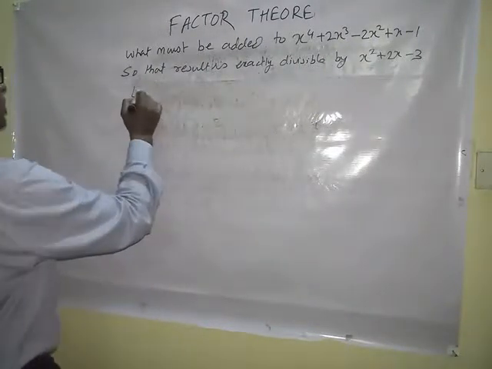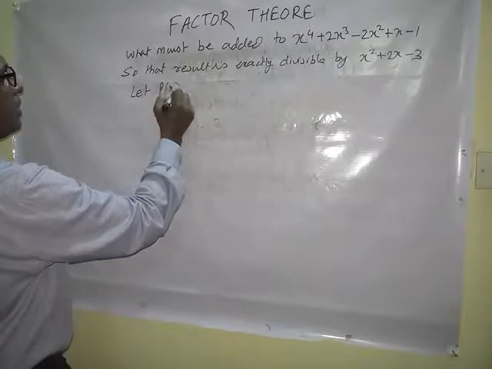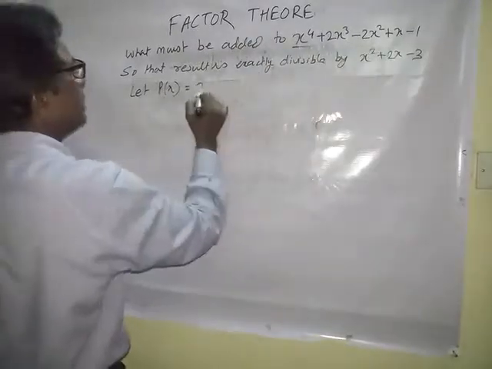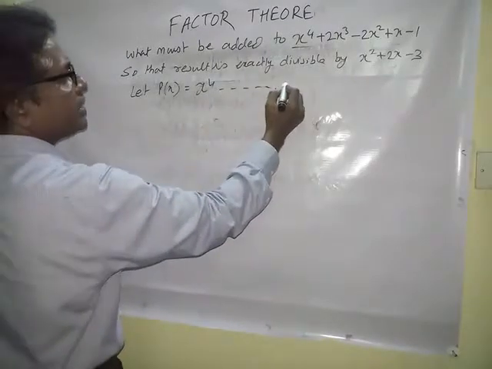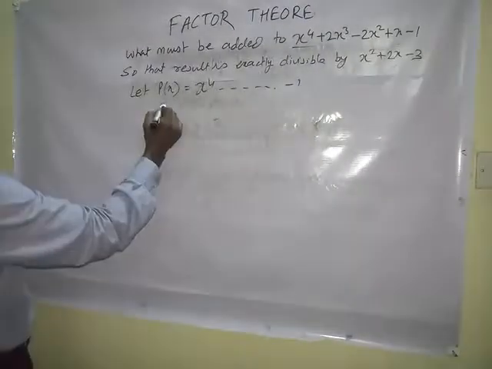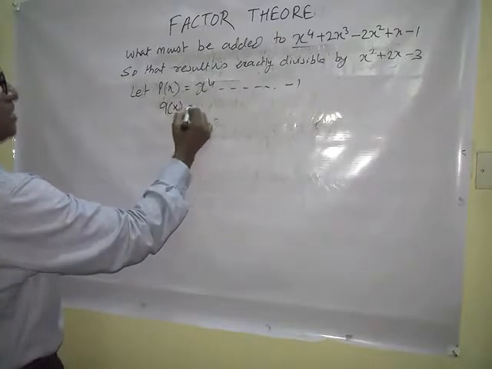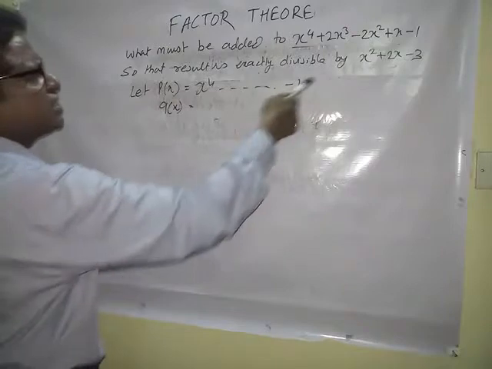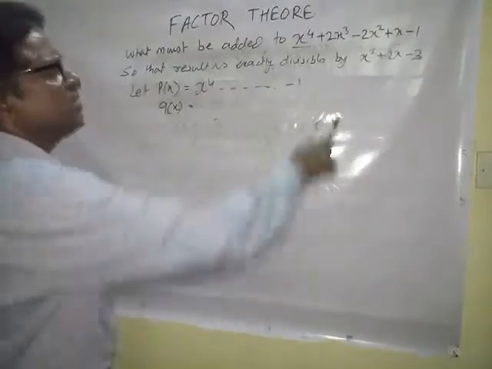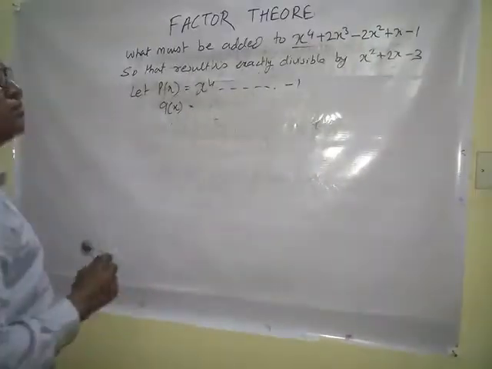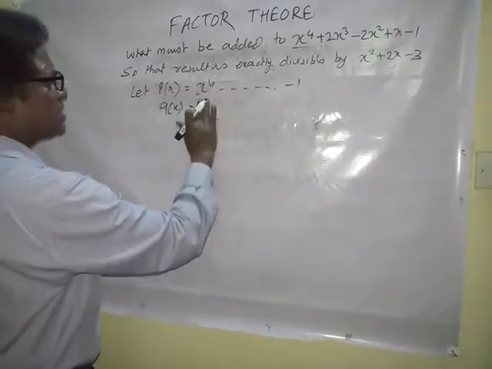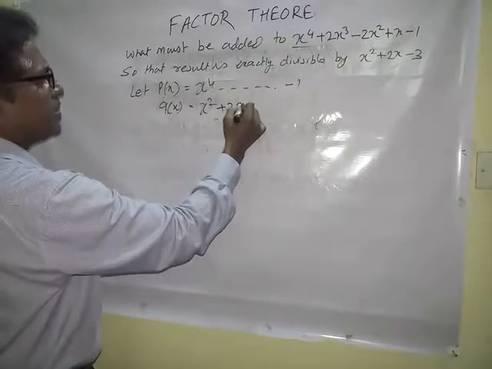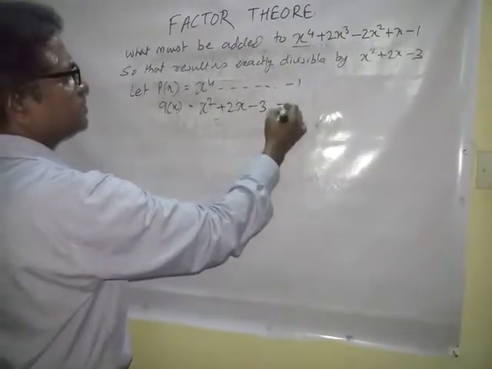Again you will write down, let px is equal to this polynomial completely, minus 1, and qx equal to, you always take divisor as qx whenever it has a degree greater than 1, x square plus 2x minus 3.